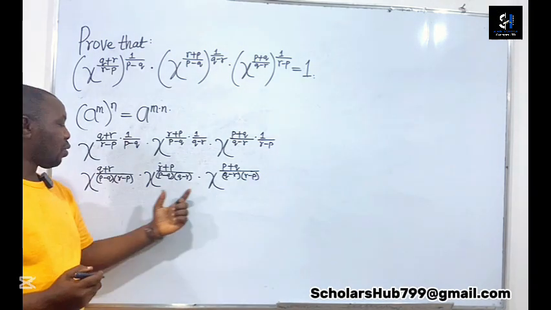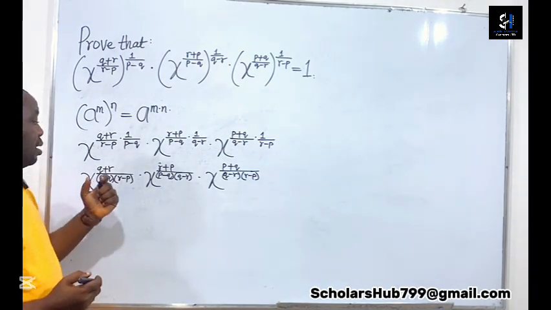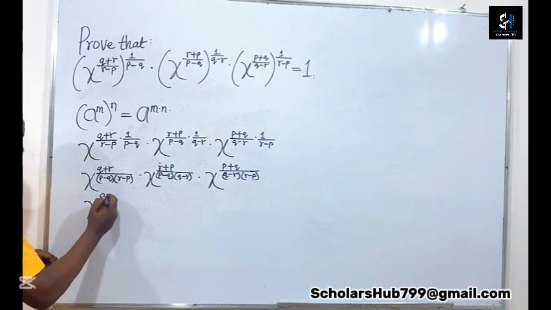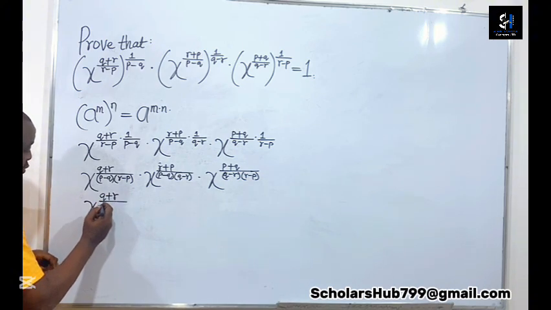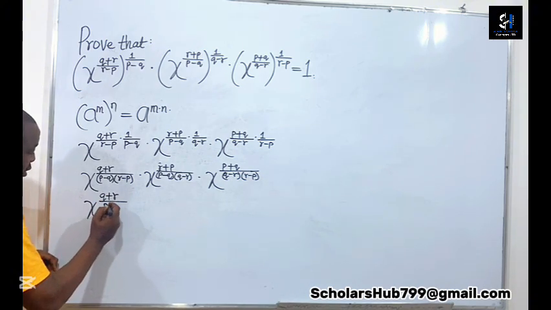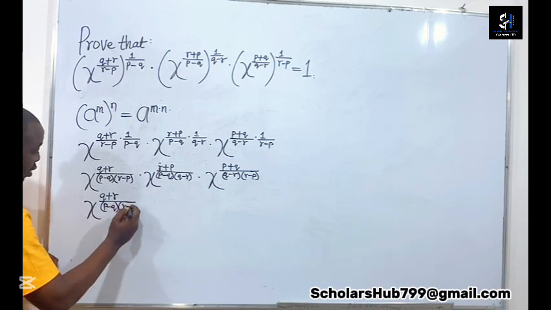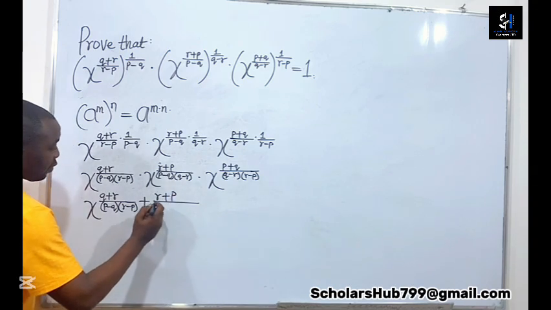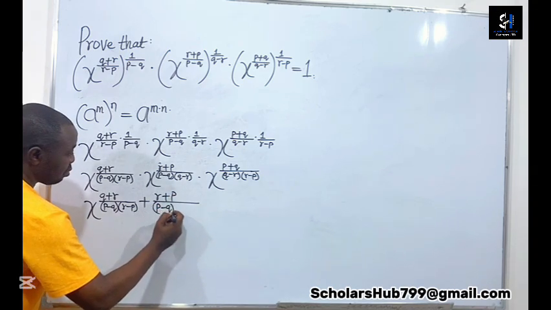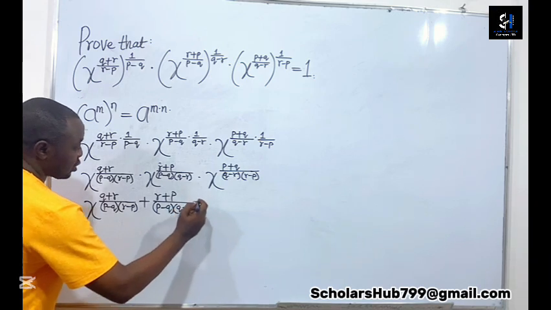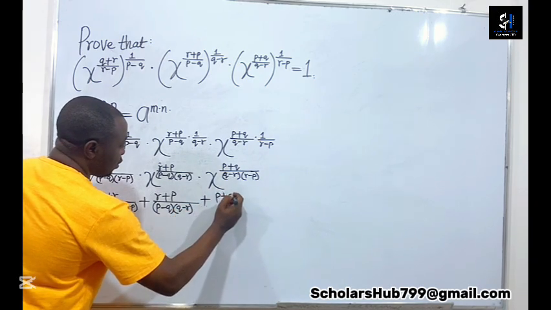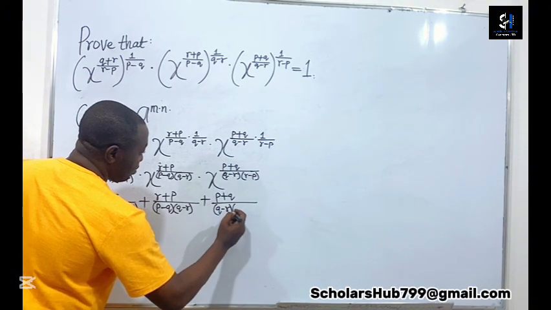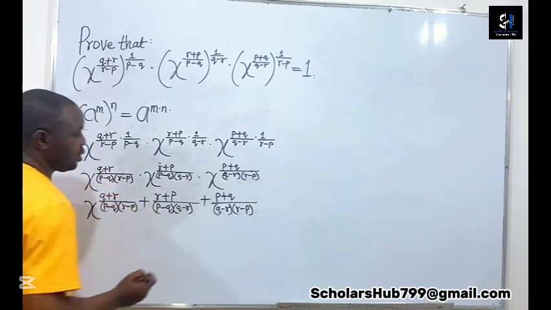Now, since all the bases are x, then we add the exponents. So this will be x raised to the power of (q plus r) over the product of (p minus q) and (r minus p), plus (r plus p) over (p minus q) multiplied by (q minus r), plus (p plus q) over (q minus r) multiplied by (r minus p).